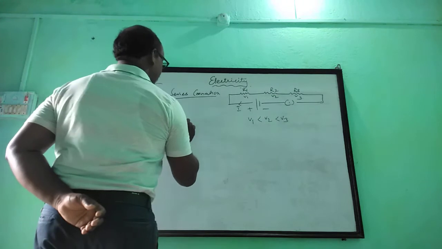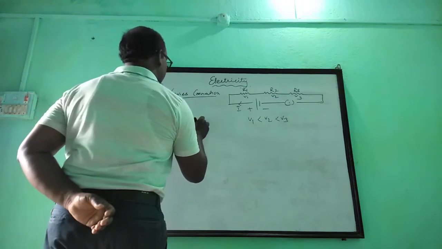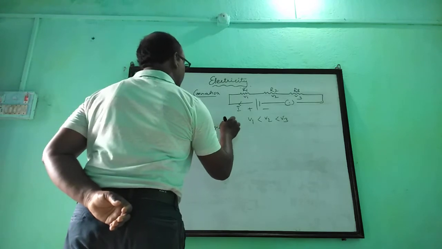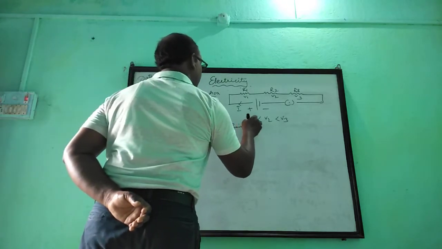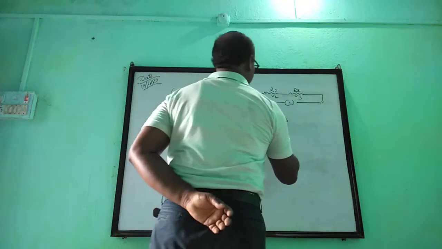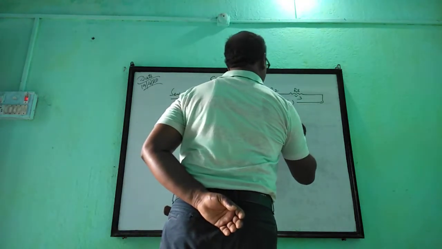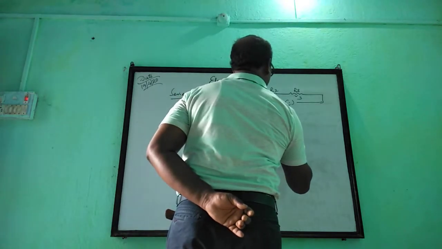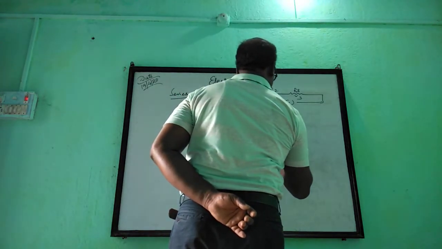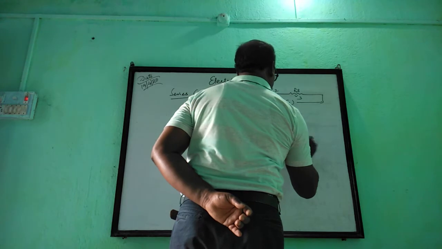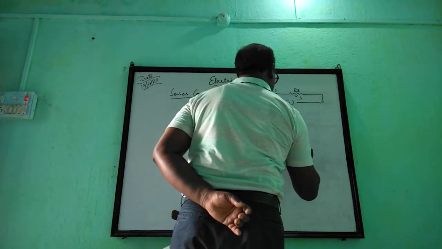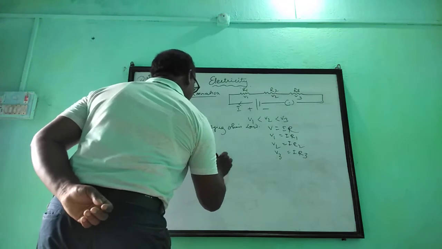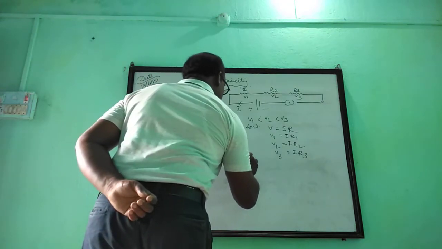By applying Ohm's law, V equals IR. Therefore, V1 equals IR1, V2 equals IR2, V3 equals IR3. But total voltage V equals V1 plus V2 plus V3.